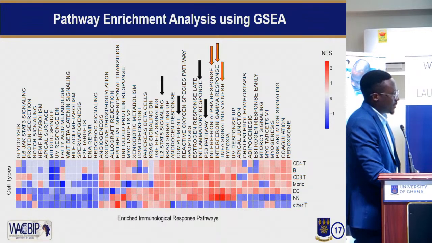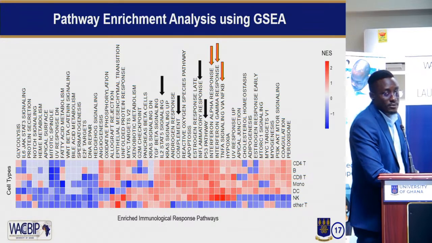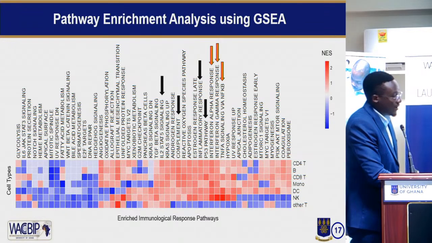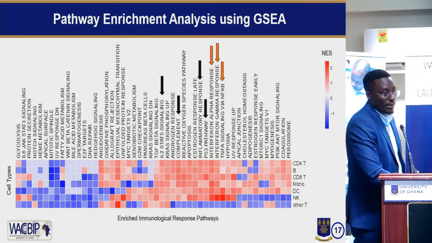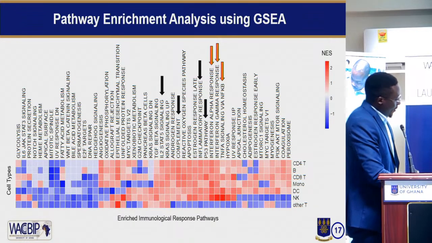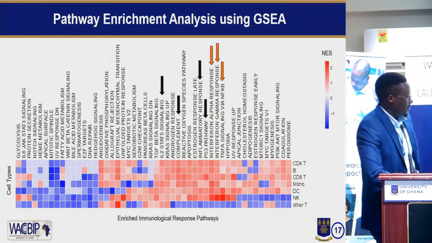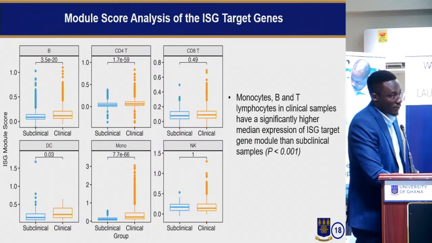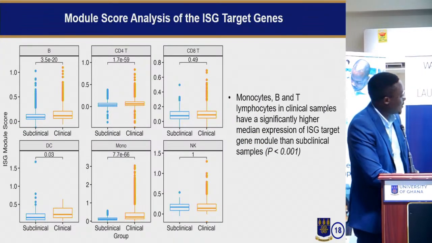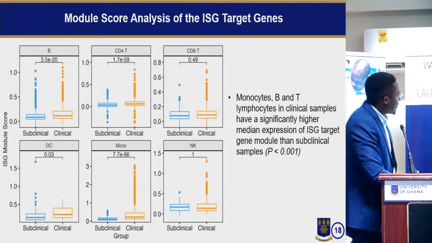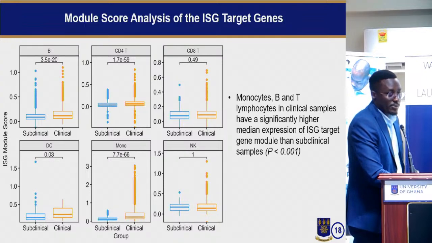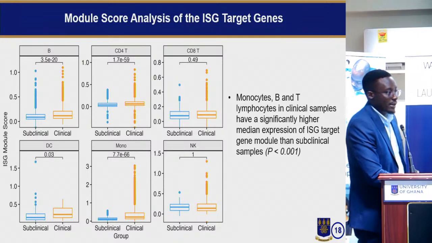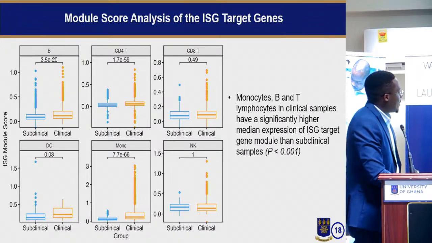And this was important because we had already shown using flow cytometry that TNF-alpha was significantly upregulated in clinical malaria infections. So we looked at the module score of the interferon responses, and what I'm showing here is the module score for a set of almost all the interferon response genes that we were able to get in our data set.